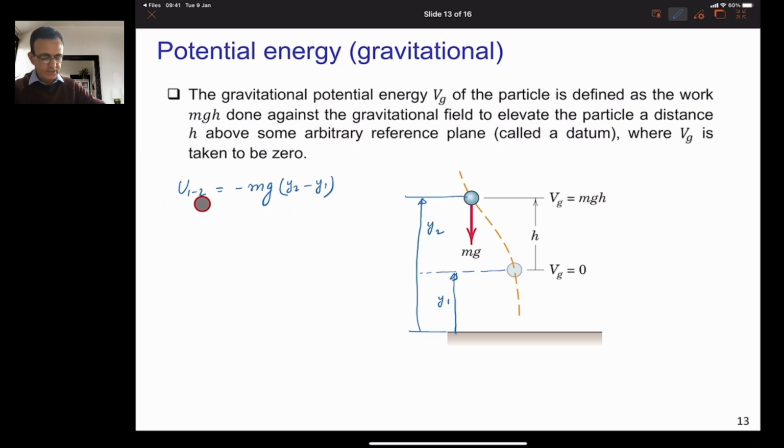So in this case, as you can see, if you take y1 equal to 0 here, then U12 will become equal to minus mg (y2 minus y1).